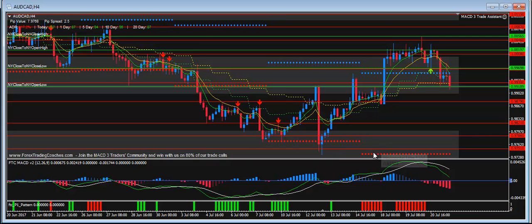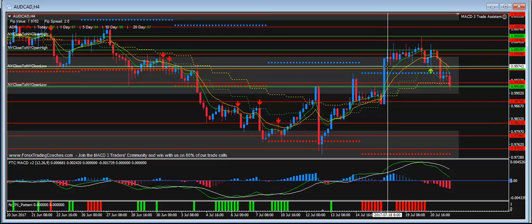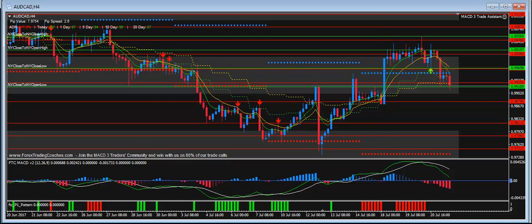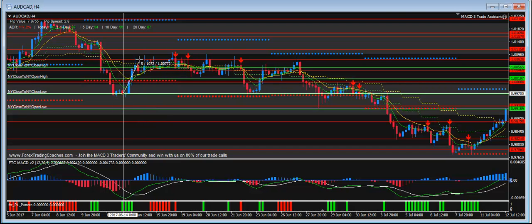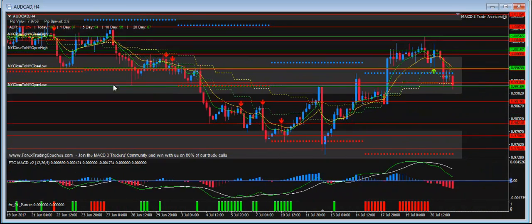Now alternatively, if it bounces at this support area and we go back above this little support area here at 99.75, well, if you look left with me for a second, you can see there's some good buying in this area. So if we pop back above 99.75, then there's some buying that could go up for 100 to 125, 130 pips. So we'll be paying attention to see what happens here.